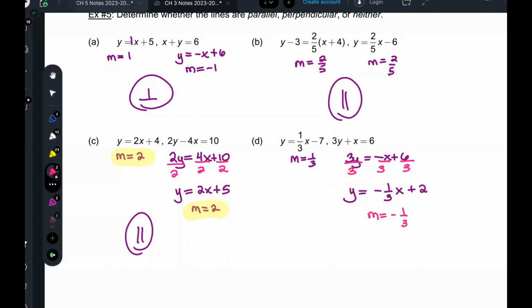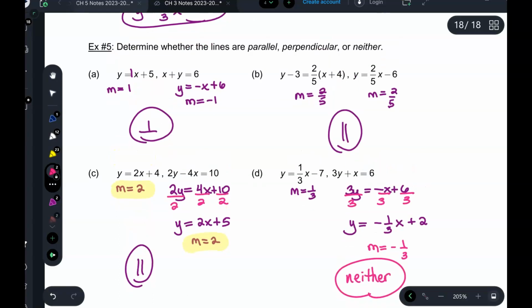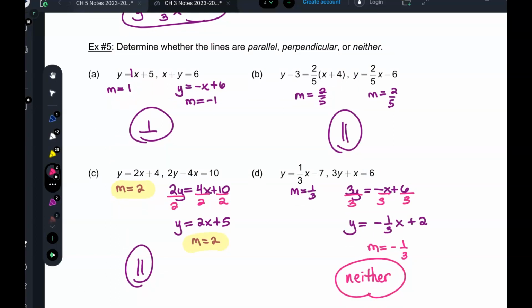Oh, wait. Okay, these are not the same, and are they opposite reciprocals? No, they're not. Neither. It's a trick question. Well, I did give you the option in the directions. Yeah, but they look perpendicular. Because this would have to be -3, not -1/3.